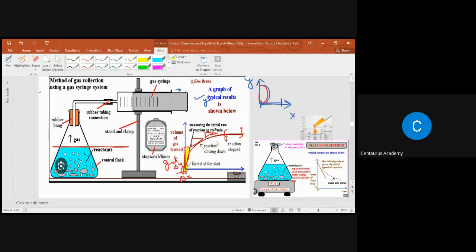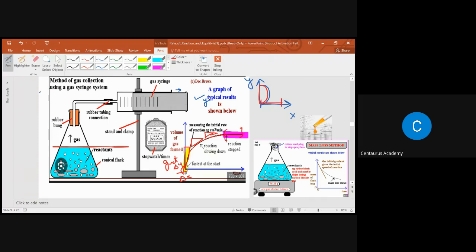As soon as you see that this is going to plateau off, this means that the reactants are now used up, or the limiting reactant is completely used up, or consumed, which is why the reaction has now stopped, which means that the rate is going to be 0.